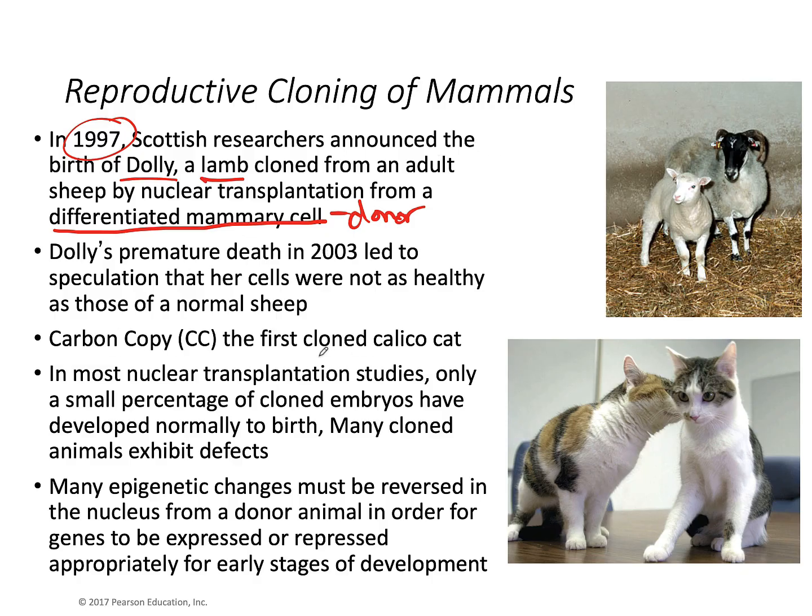The first cloned calico cat was named Carbon Copy. And you can see here the mother and the clone. And what you'll notice is even though these two are identical genetically, they have different patterns of orange and black. And that's because of the X inactivation.